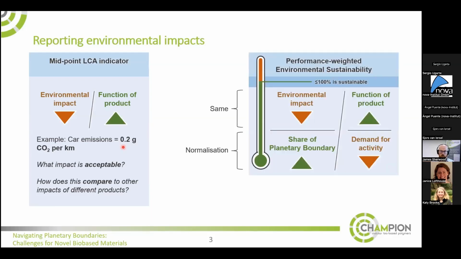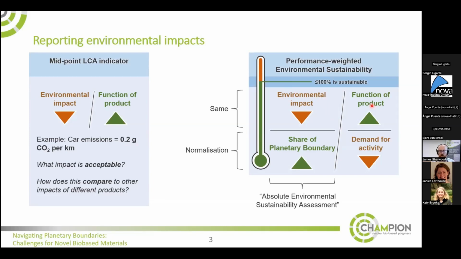So what has happened in the last few years is to develop something called absolute sustainability assessments. So this is one example that I've worked on, and I'll use this in my case study. We have the same variables as an LCA, so the impact and the function of the product. What we're doing is we're just normalizing these values so they become balanced against a reference.